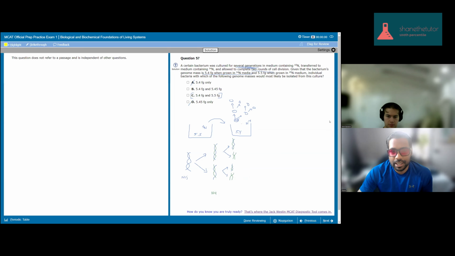So initially I liked C because it's right in the middle. And that's good. But now I see from doing this that we're going to have more of the green, more of the N14 than we do the N15.